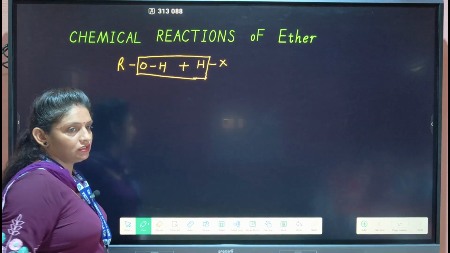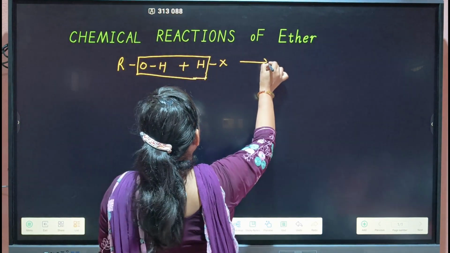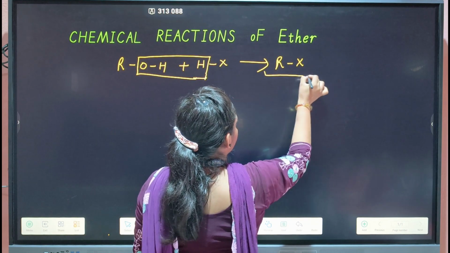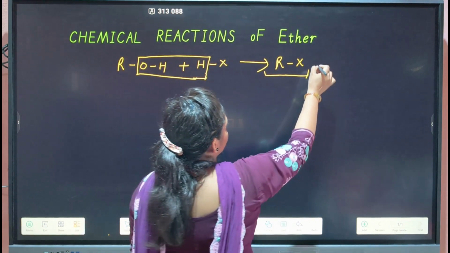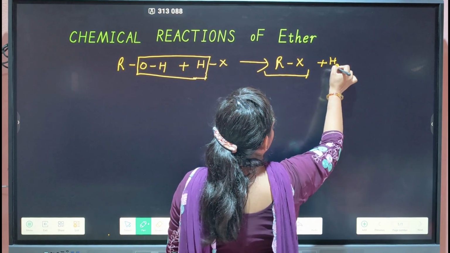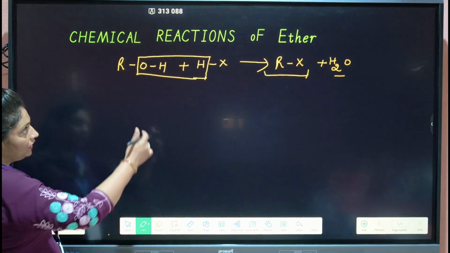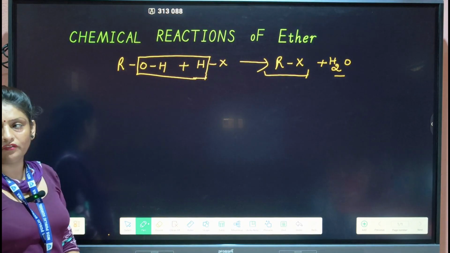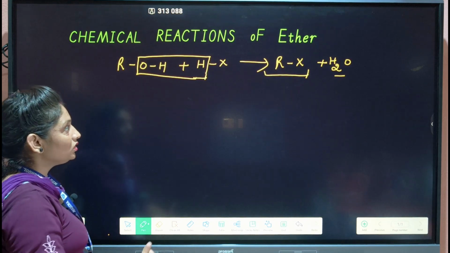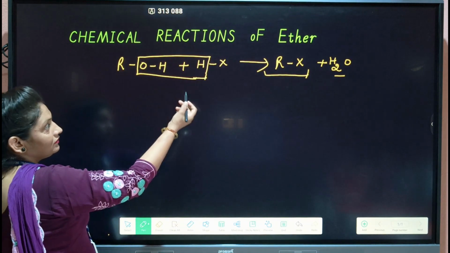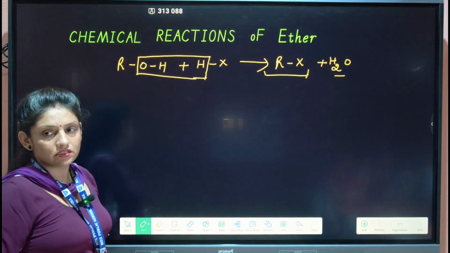Elimination of water, and here alkyl halide was forming plus water. Here alcohols are more reactive as compared to ether. So these reactions take place very easily in simple conditions only.